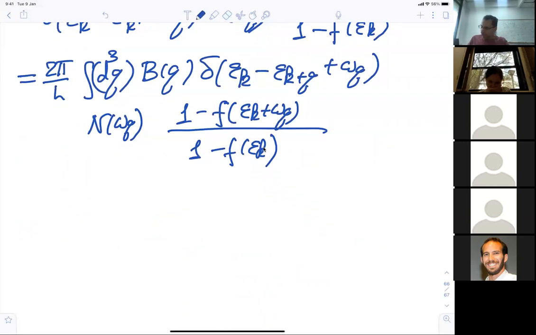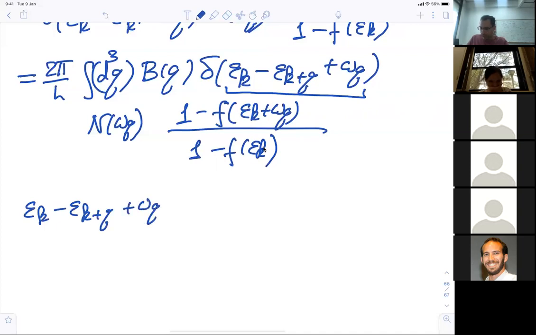So we have energy conservation. Let's look into it. So epsilon k minus epsilon k plus q plus omega q. These guys are vectors.